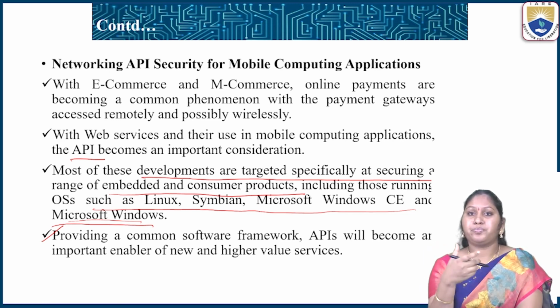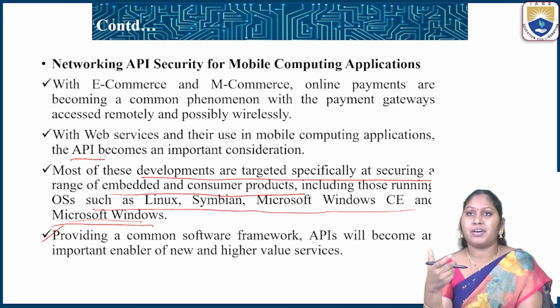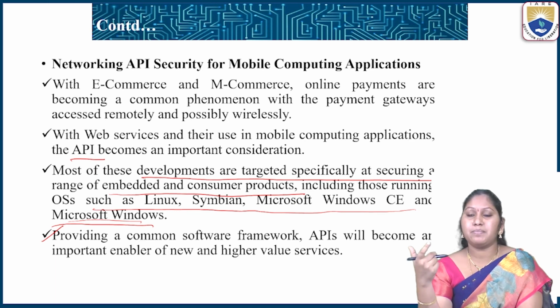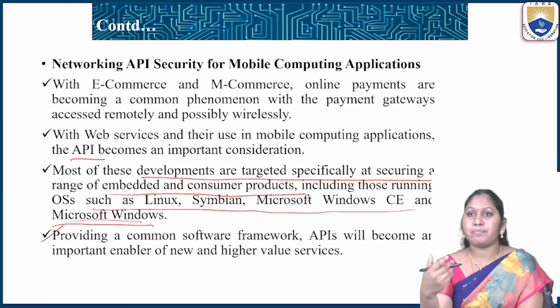The software framework should be common for every employee, and the APIs will become an important enabler. By using APIs, the security of the system and the trust in the application can be increased.